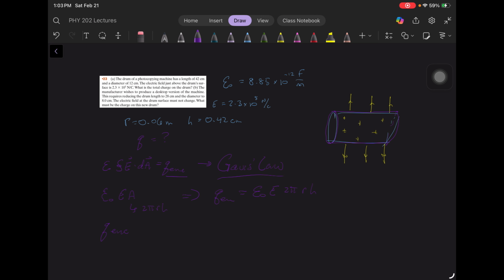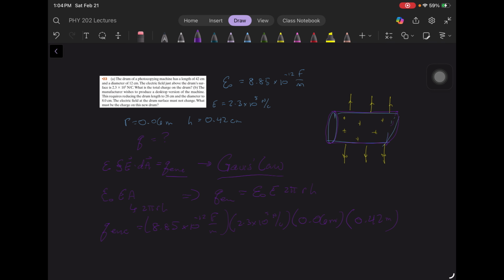Or Q enclosed is 8.85 times 10 to the negative 12 farads per meter times E, which was given to be 2.3 times 10 to the 5th newtons per coulomb, times R, 0.06 meters, times H, 0.42 meters.